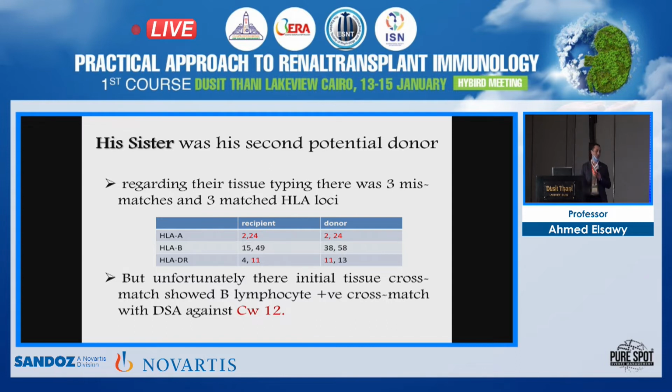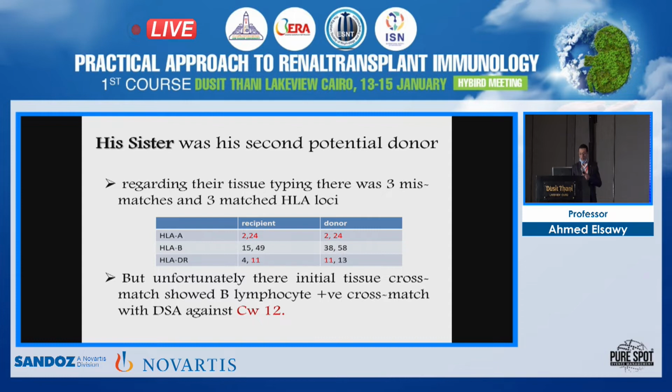Okay. This patient has 2 donors. If I have a pool of donors that I can choose from, I can put all of them and choose the best one. If only 2 donors are available, his wife and his sister, and the sister has low titer DSA, and her cross match is still positive but only for B lymphocytes, she will be the best even though she has mismatches on all HLA.